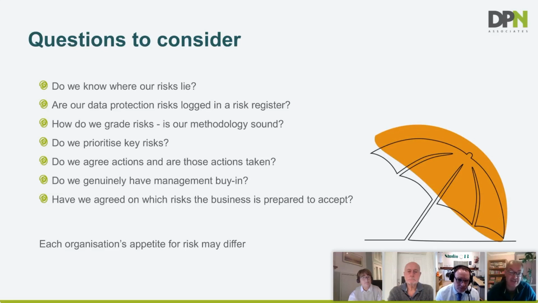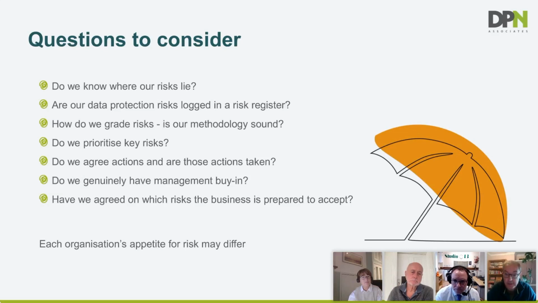I think quite a bit of our discussion today will touch on this. How do we go about grading our data protection risks, and is the methodology that we use sound? How do we go about prioritizing the key risks, and are we actually prioritizing what's most important? Are we really taking the right actions? Are we agreeing what those actions are and making sure they are completed on time so that we can mitigate any risks?